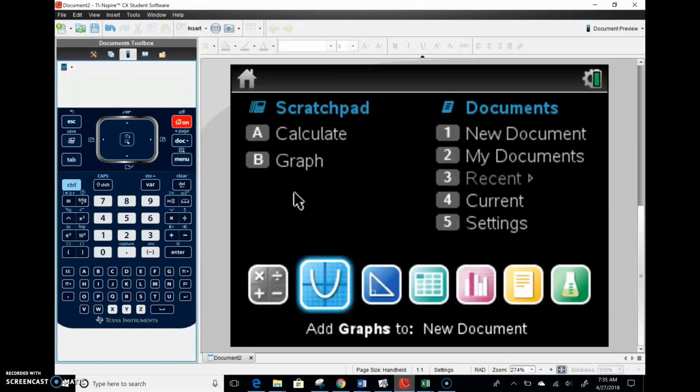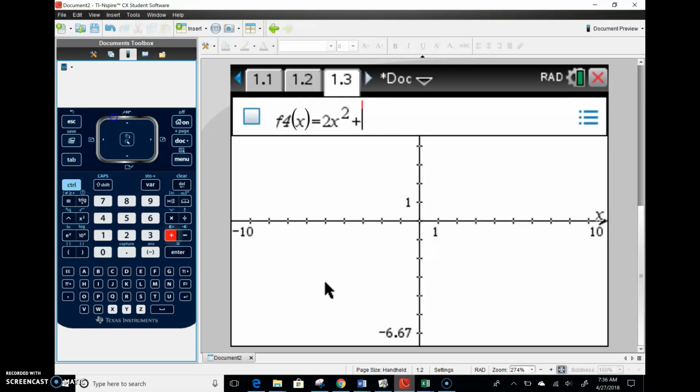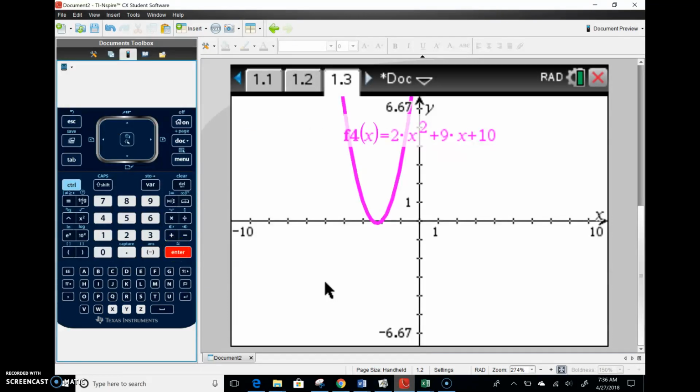So the first thing, again, I'm going to do the same thing. I'm going to add a graph. So I type in my original equation. That's my original equation, right?